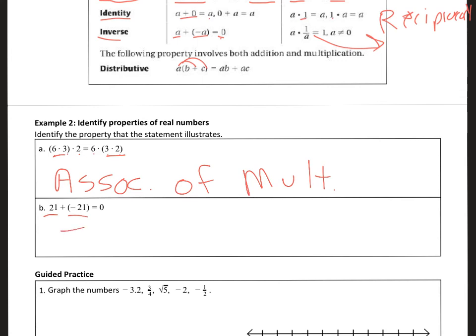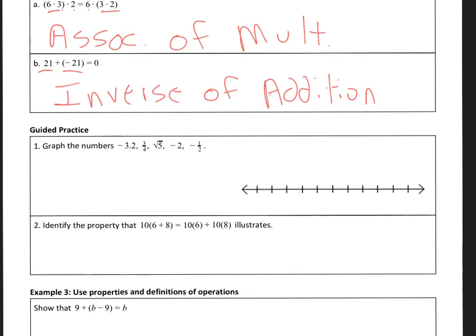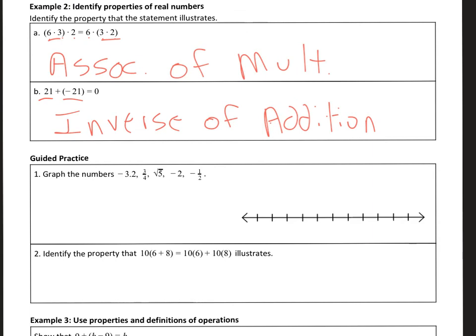So this is the inverse property of addition. So the inverse property of addition. What plus 21 gives me 0? Negative 21. So I would like you guys to take a minute, do this guided practice.